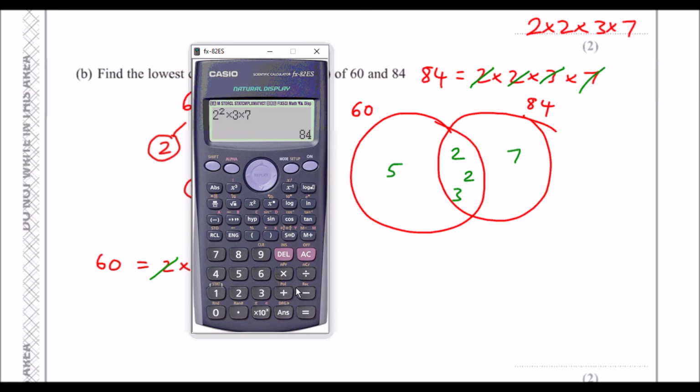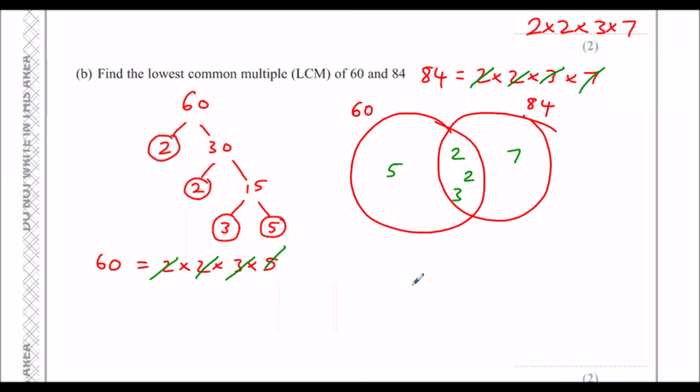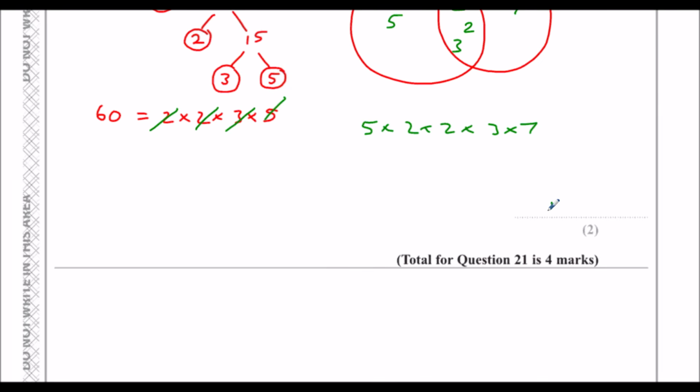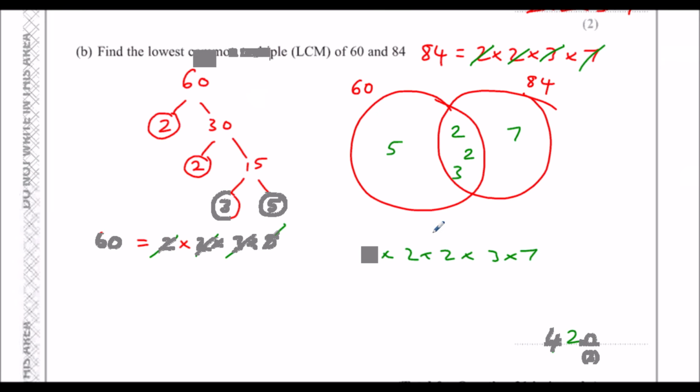But we've already got 60 here, so multiply it by 7, 420. So 420 is the lowest number in the 60 times table and in the 84 times table.